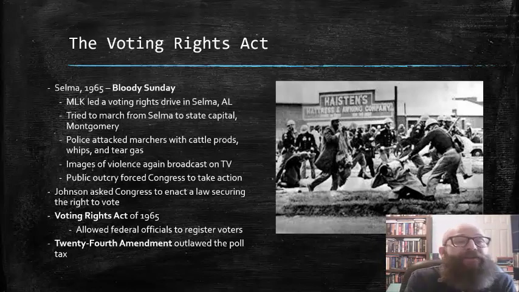Johnson asked Congress to enact a law securing the right to vote, which led to the Voting Rights Act of 1965, which allowed federal officials to register voters.